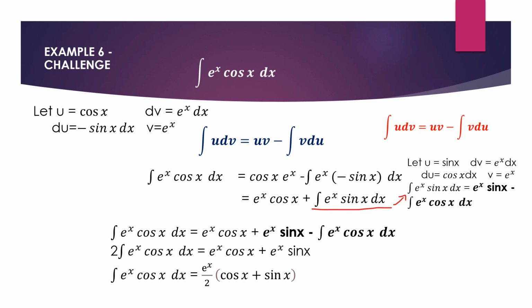We have integral e^x cosine x dx on both sides, and we can move the right part to the left part. So we get 2 integral e^x cosine x dx equal e^x cosine x plus e^x sin x. Then we have our final answer, integral e^x cosine x dx equal to e^x over 2 times cosine x plus sin x.